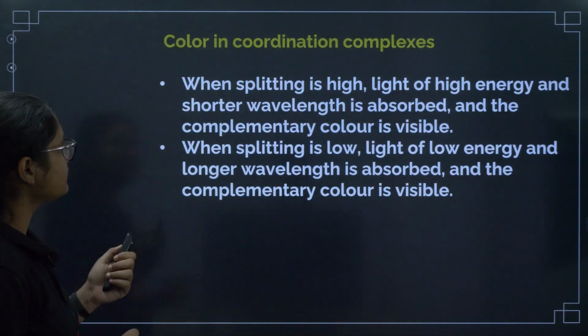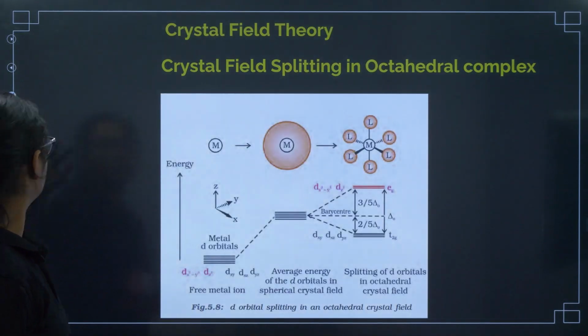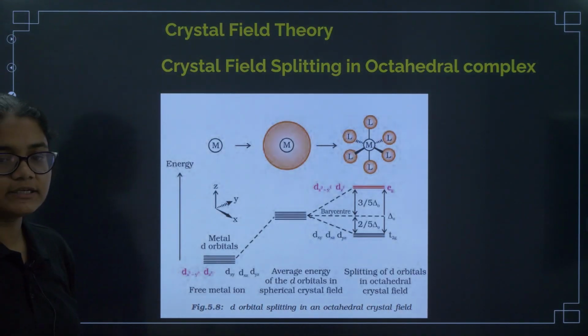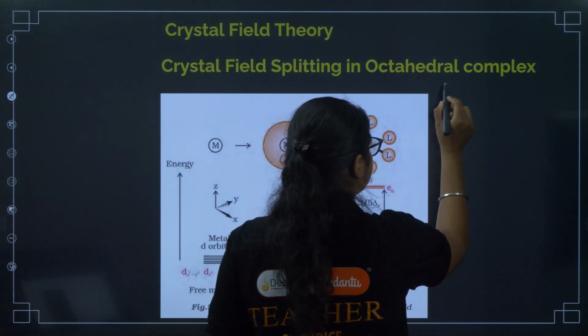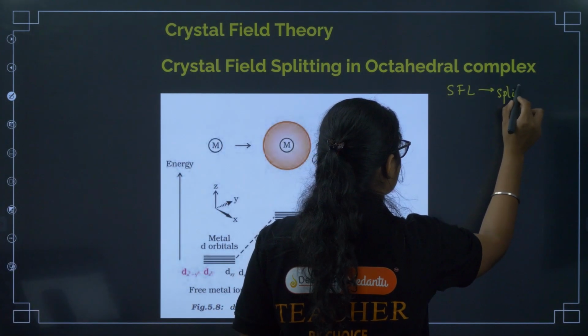Okay, now here I want to discuss one more thing about how to write the electronic configuration in strong field and weak field. So very important, see here, if it is a strong field ligand, then splitting will be more.